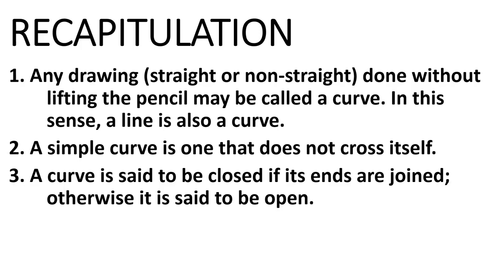In other words, a curve is a closed curve if its starting point and ending point are the same. Otherwise, it is an open curve, a curve whose starting point and ending point are different.